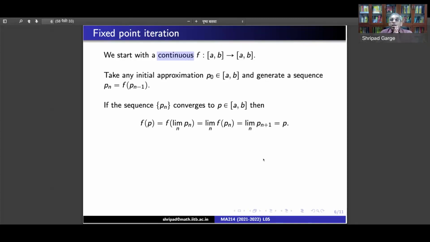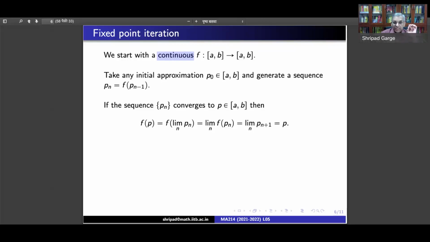Because of the continuity of f, the f of limit is the same as the limit of f. So we have it equal to the limit of f of Pn. But f of Pn is Pn plus 1, and whenever you have a convergent sequence, you shift the sequence by a few places here and there, and you still get the same limit. So the limit of Pn plus 1 is again P. So we get that P is the fixed point.